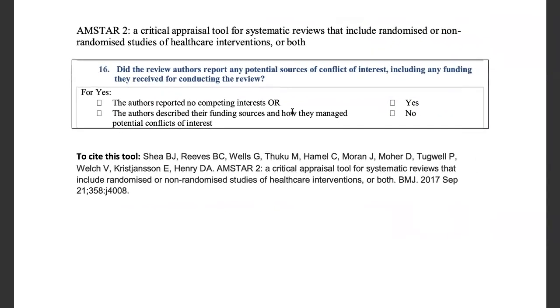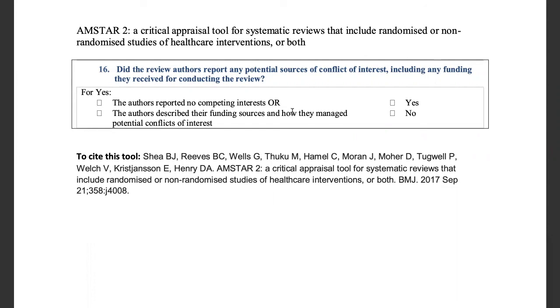And the last question is, did the review authors report any potential source of conflict of interest, including any funding they received for conducting the systematic review? This is similar to the previous question about funding for included studies, but in this case, it's regarding the authors of the review.